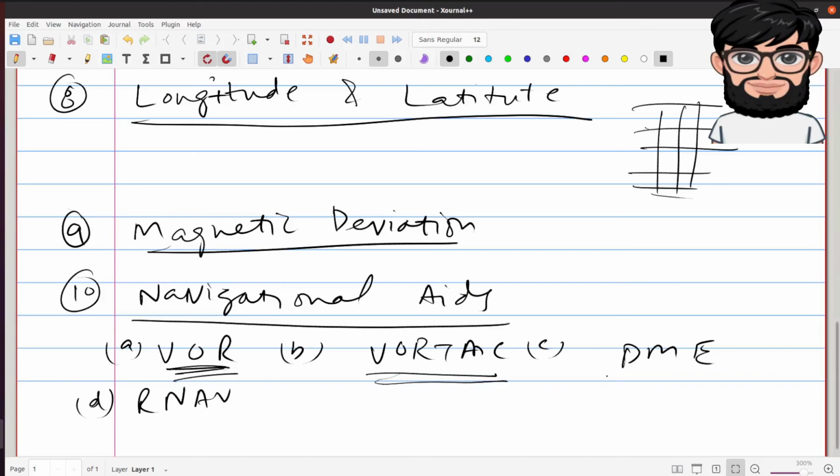DME is the distance measuring equipment, and RNAV basically includes the VOR/DME referenced and the GPS. All of them, the advanced equipment and the GPS, come under area navigation.